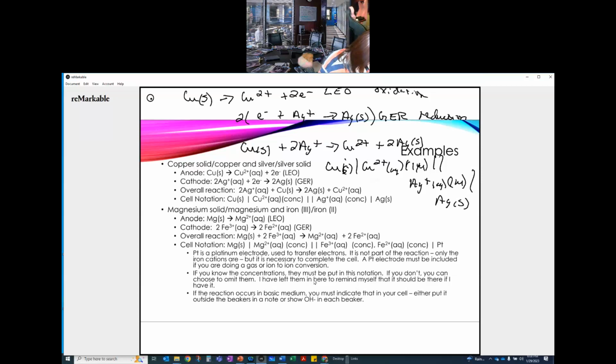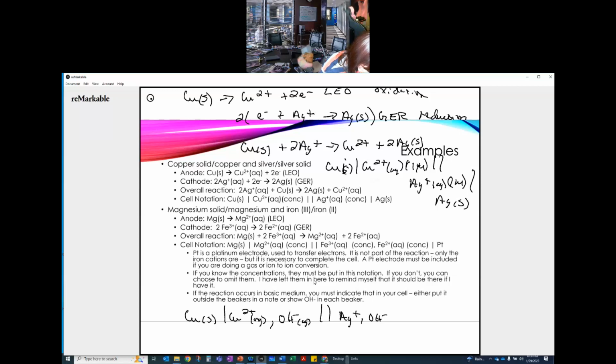Or if you're writing a cell notation and you have to do that, then you would go Cu solid, Cu2+ aqueous, OH minus aqueous, and then my phase boundary to Ag+ and OH minus.